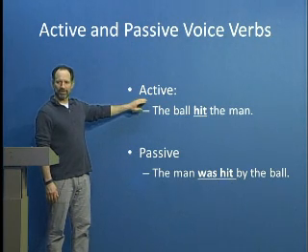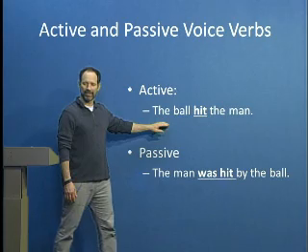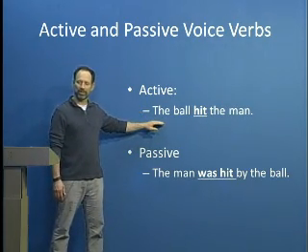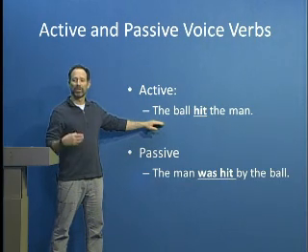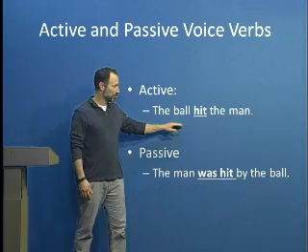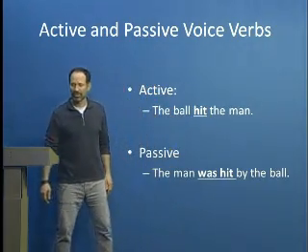To make a sentence about that, I would say the ball hit the man. This is an active sentence, and this is probably what you're used to when you build a sentence. I have the subject, the ball, does this action of hitting the man.